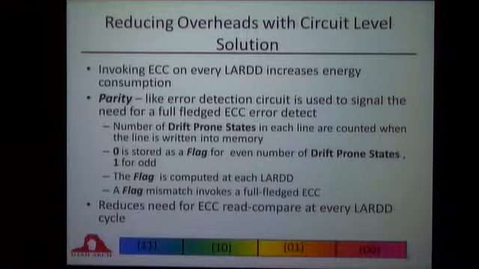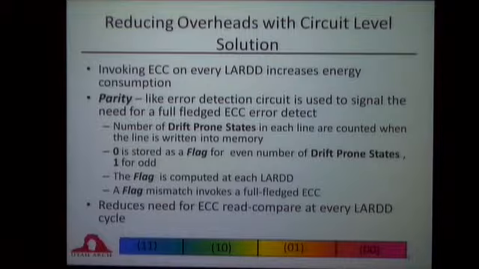For example, what do you do in here? In this scheme, every time you write to a particular line, you count the number of drift-prone states. You have an additional flag bit: if the number of drift-prone states is even, you write a 0, and if the number of drift-prone states is odd, you write a 1.